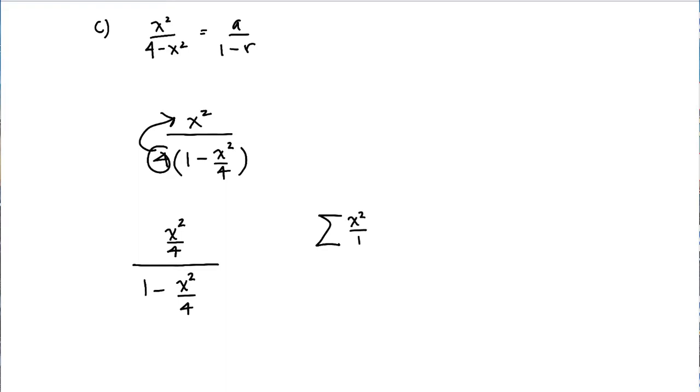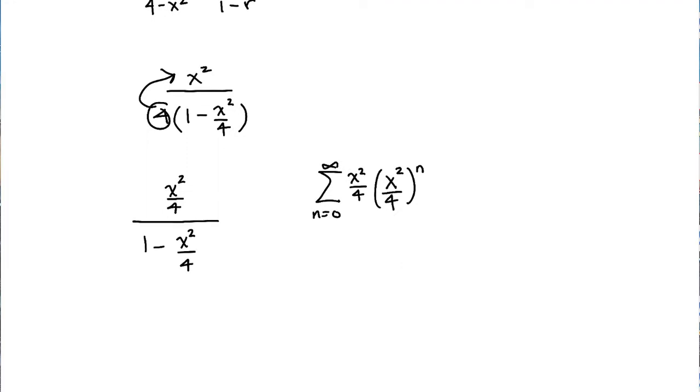My first term is x squared over 4, and I get x squared over 4 to the n. I range from n equals 0 to infinity to get my first term coming out. And then simplifying this, I can write this as x over 2 to the 2n, if it's a little bit more helpful.